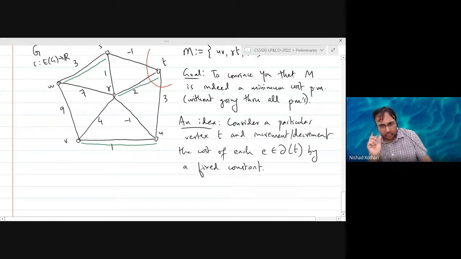Okay, so I'm going to construct a new cost function by taking the original cost function and making some small changes to it.